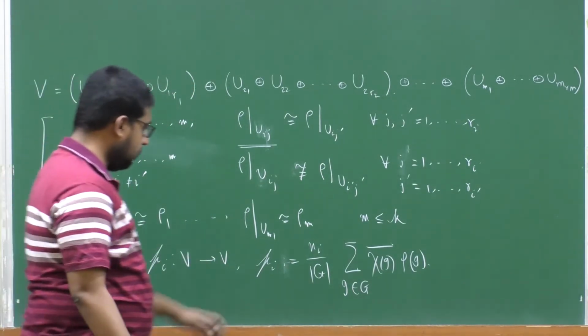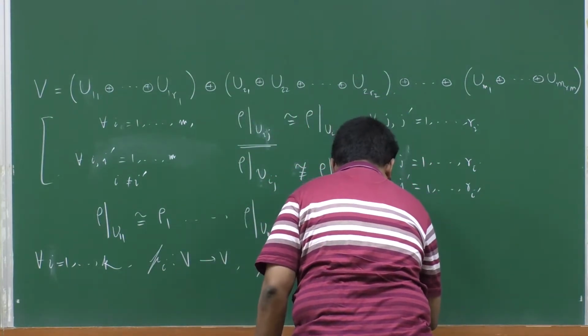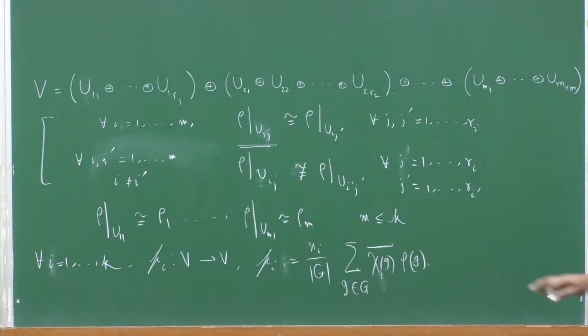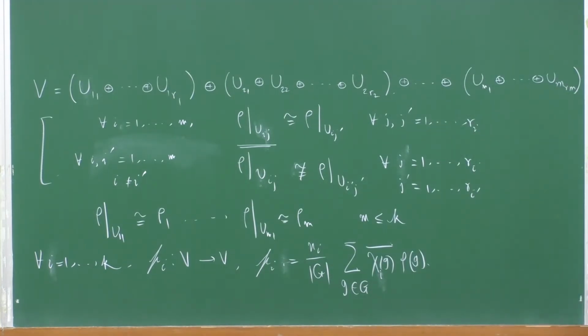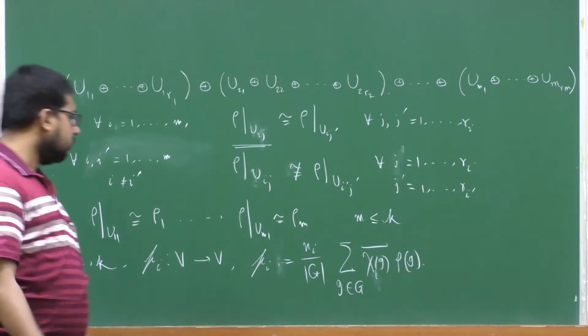Okay, so there should be some i here, of course. Corresponding to each i, we have an operator. Now my claim is that these operators are projection operators.